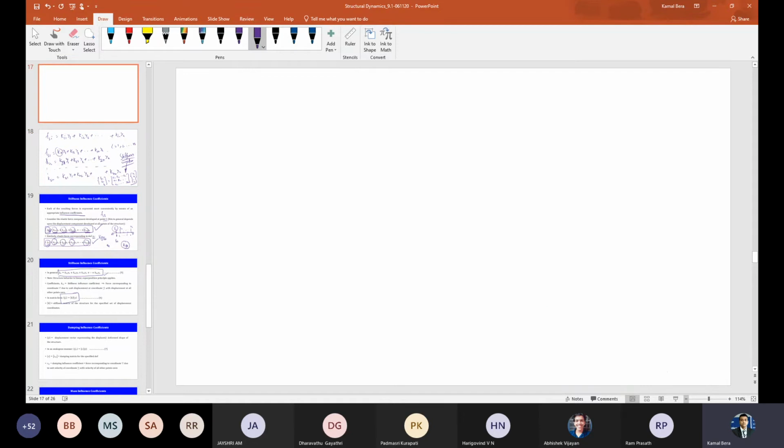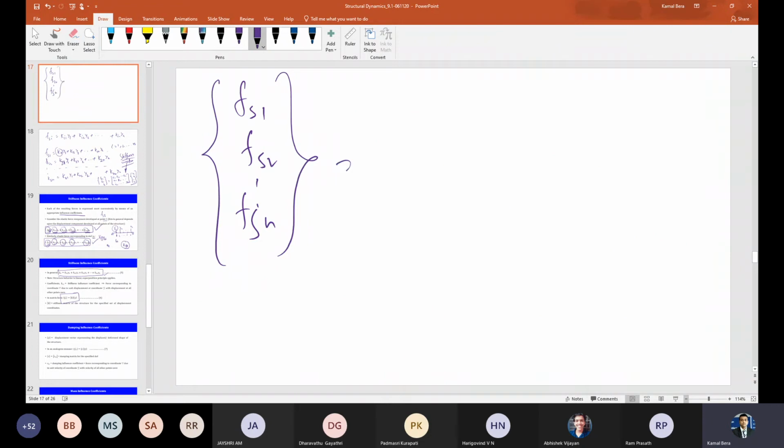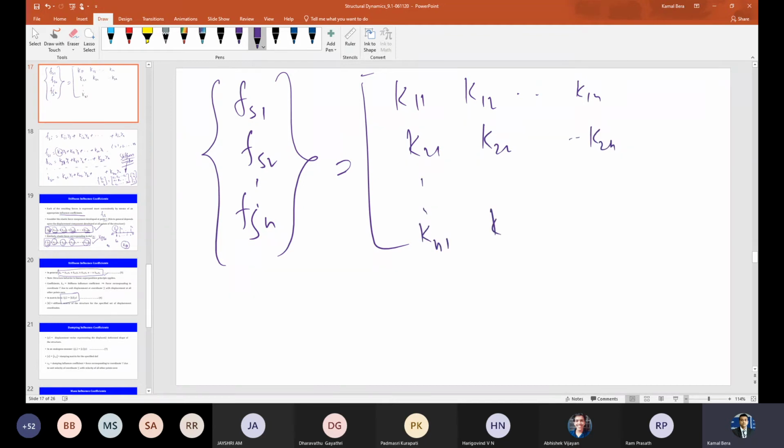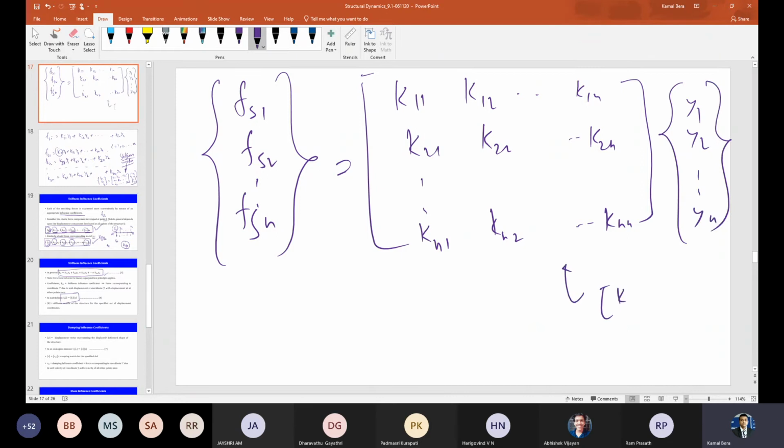So you got it, right? What we finally get is that FS1, FS2, FSn, all the spring forces, are nothing but the matrix K11, K12, K1n, K21, K22, K2n, Kn1, Kn2, Knn multiplied by y1, y2, yn.